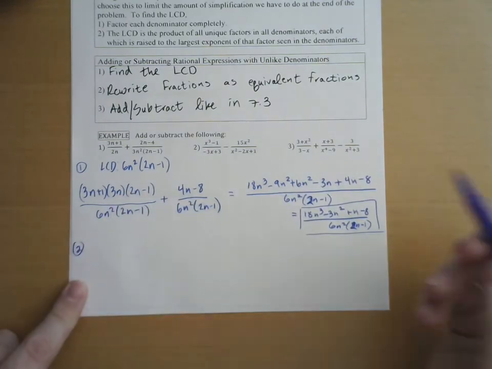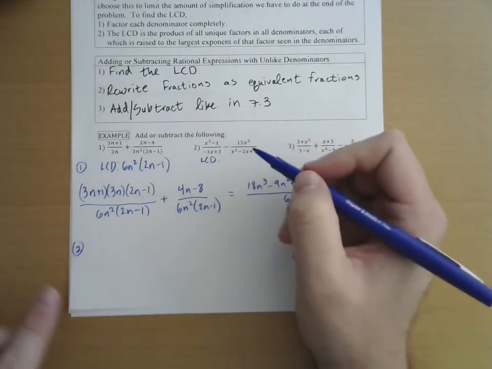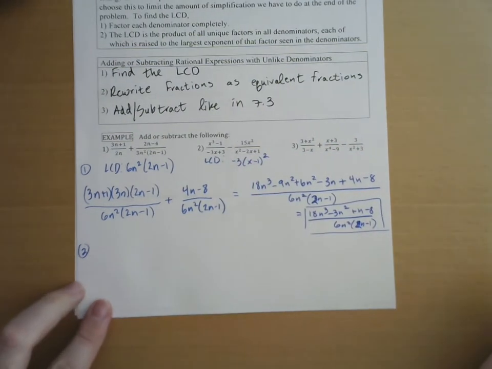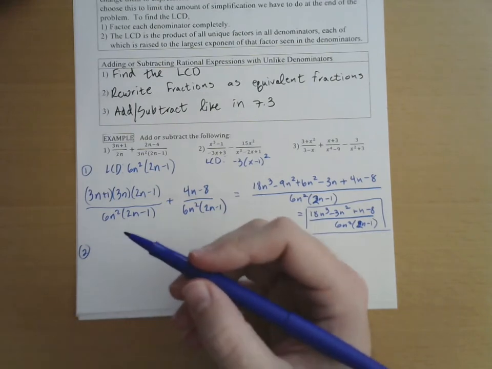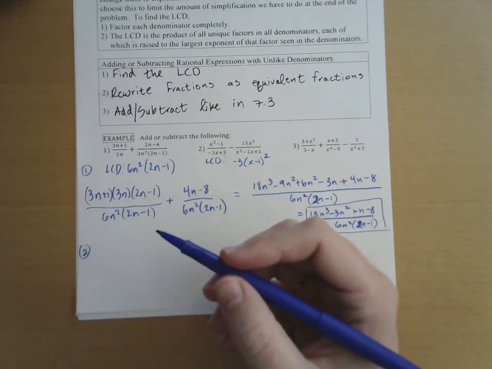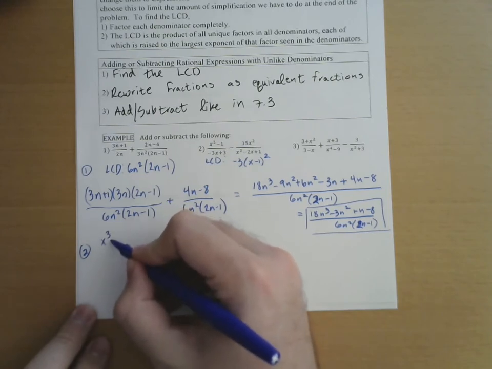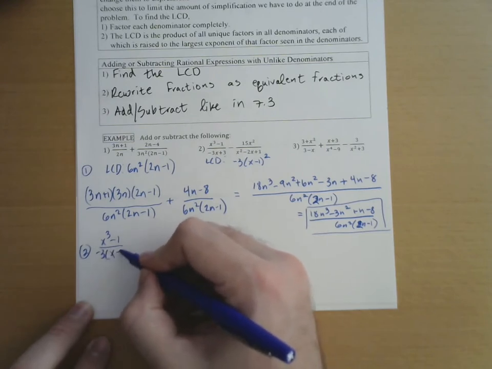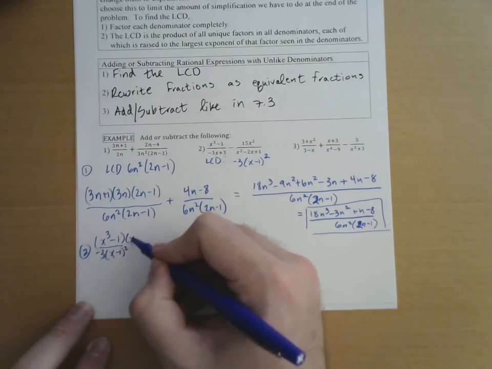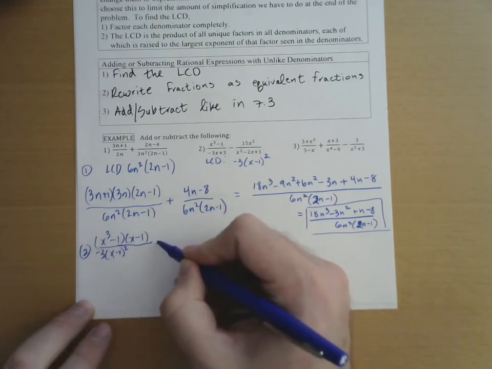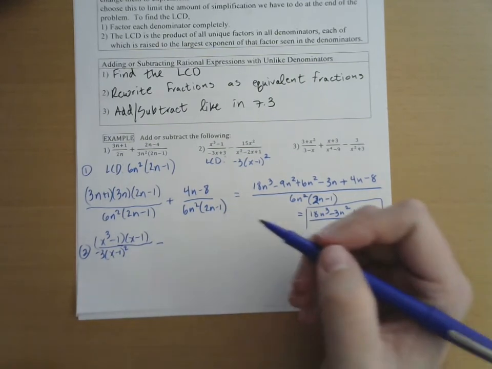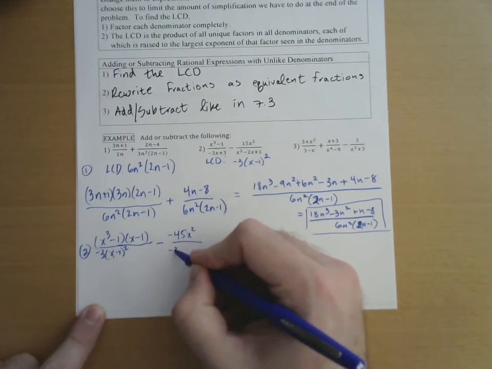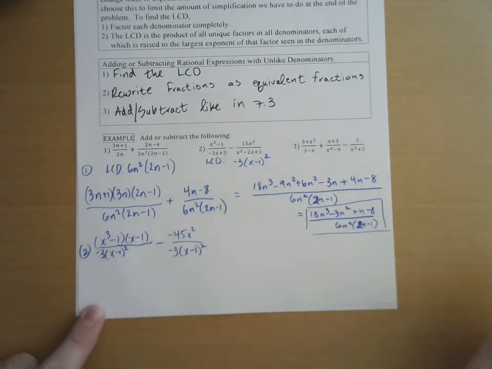Number 2, our LCD was negative 3 times x minus 1 quantity squared. And our equivalent fractions that we found were x cubed minus 1 over negative 3 times x minus 1 squared, and this up here was times x minus 1, forgot that, minus negative 45x squared over negative 3 times x minus 1 squared.